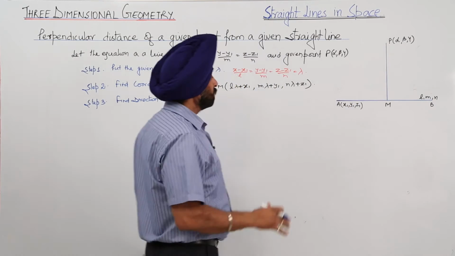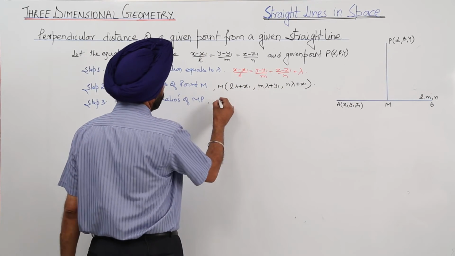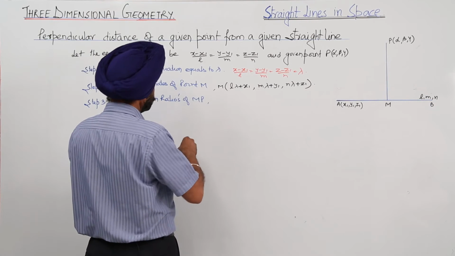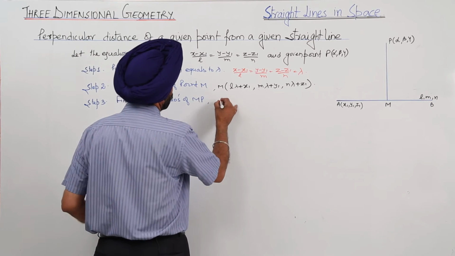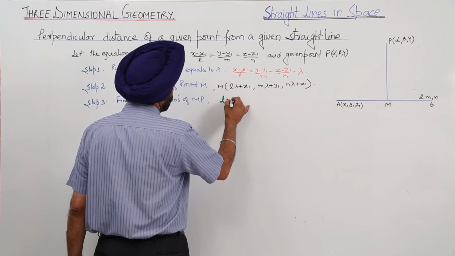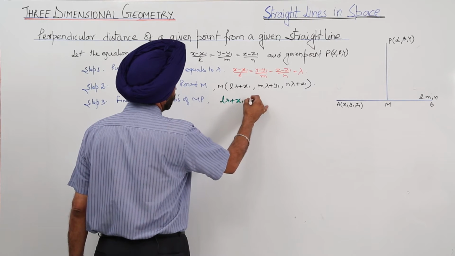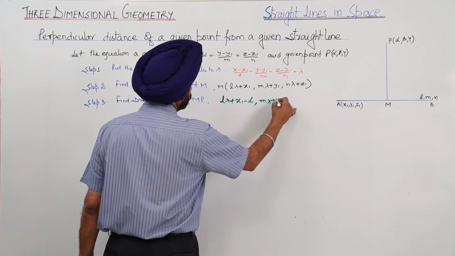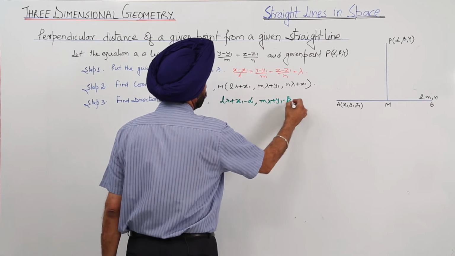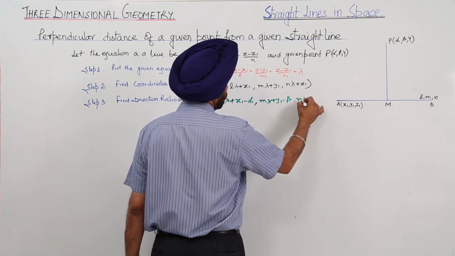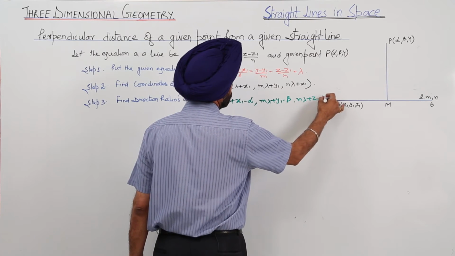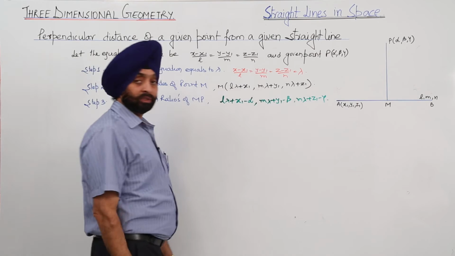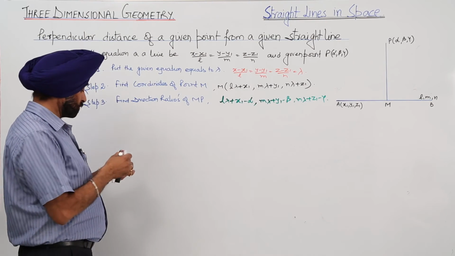So, what will the direction ratios be? The direction ratios will be L lambda plus x1 minus alpha, M lambda plus y1 minus beta, and N lambda plus z1 minus gamma. So, these are the direction ratios.